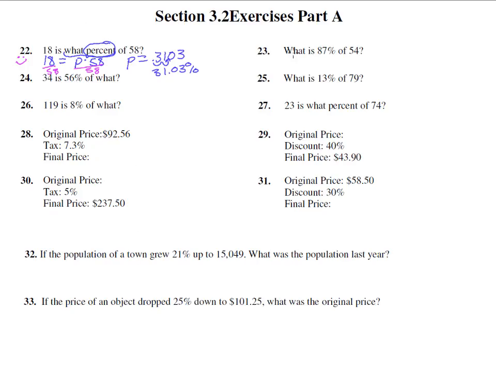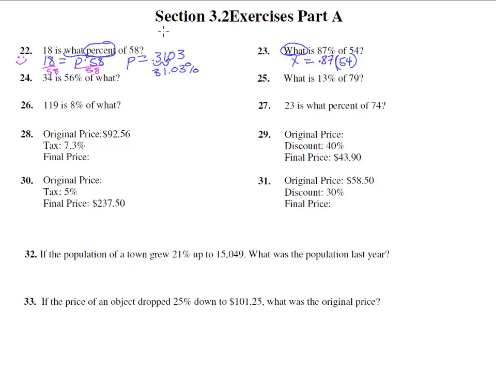Number 23. What is 87% of 54? What in math means variable. So x equals 87%, that's 0.87, moving the decimal 2 places, of 54. So we'll put that in parentheses to represent multiplication.